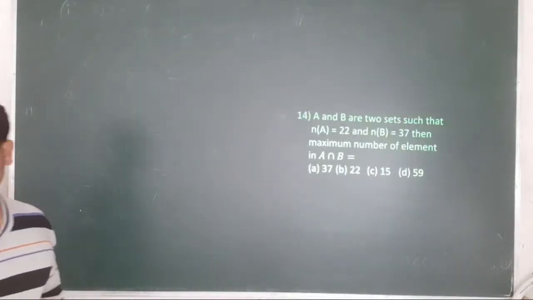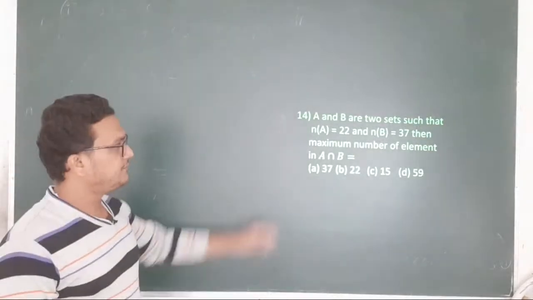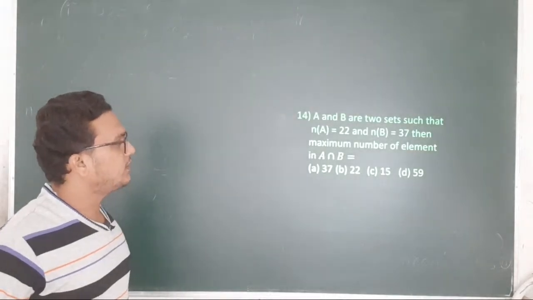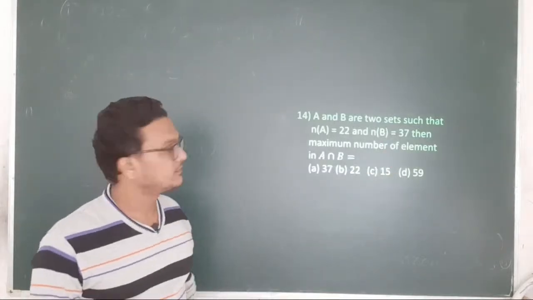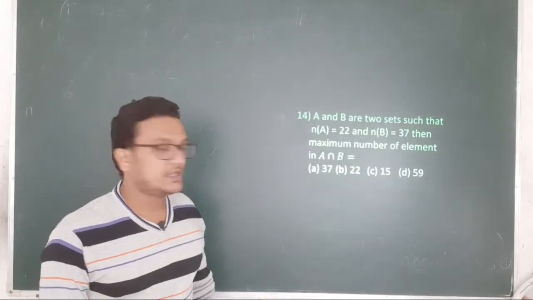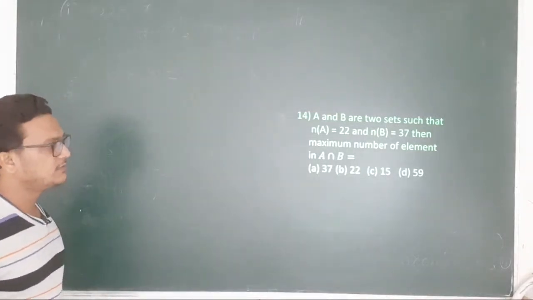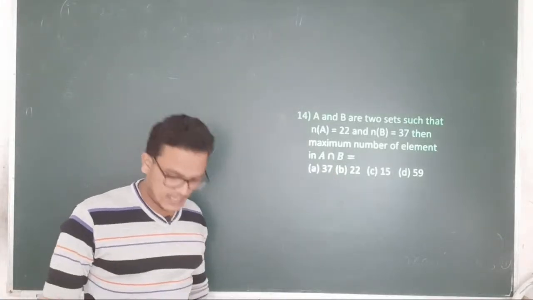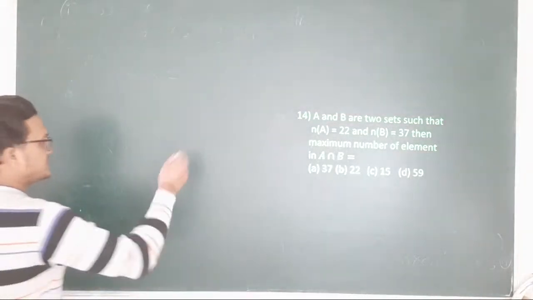Yes, next question. If A and B are two sets such that n of A is 22 and n of B is 37, then find the maximum number of elements present in A intersection B. For this also there are some standard results, or you can say a formula.